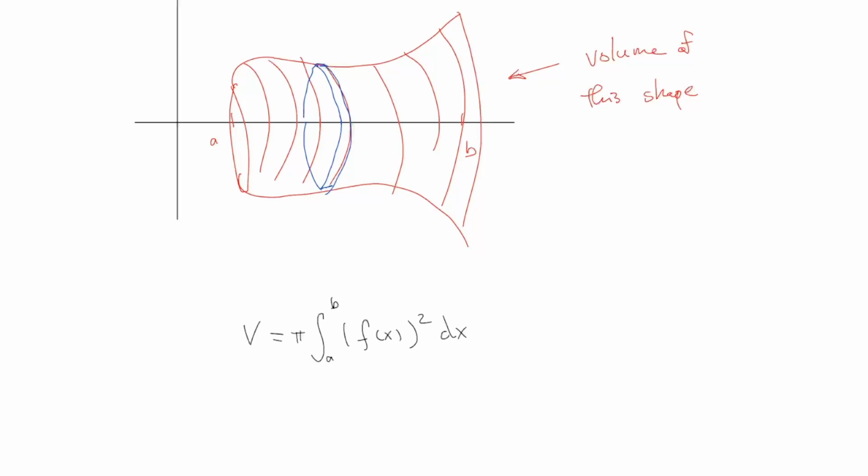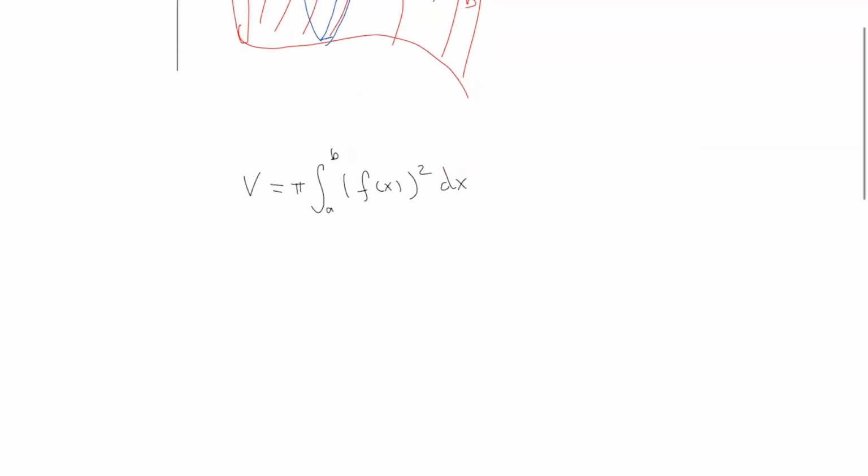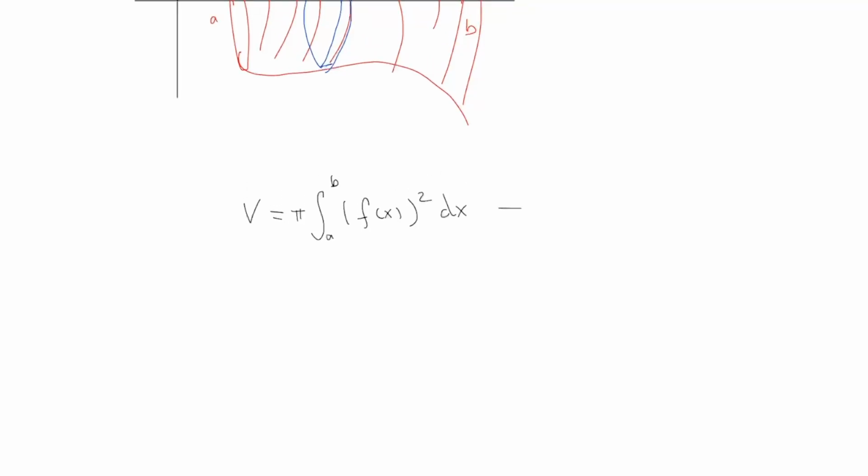We're going to do a more complicated version of this later today, but this formula works when revolved around the x-axis. Now we are going to talk about revolving the figure around some other line, which will require a slightly different formula, but this is the formula for when revolved around the x-axis.